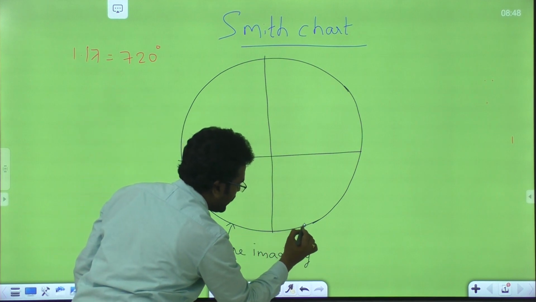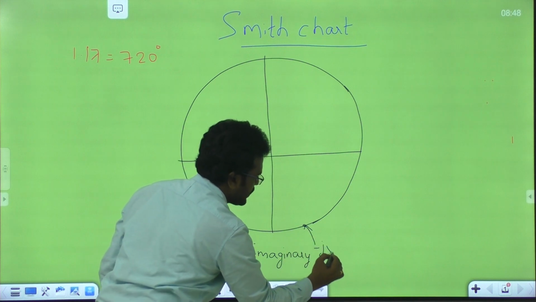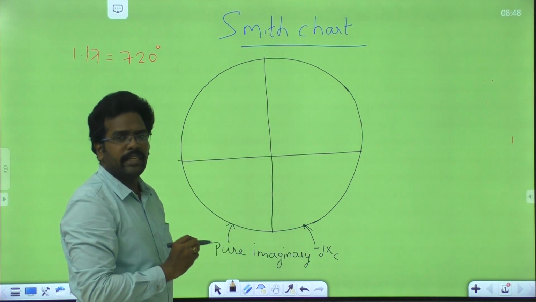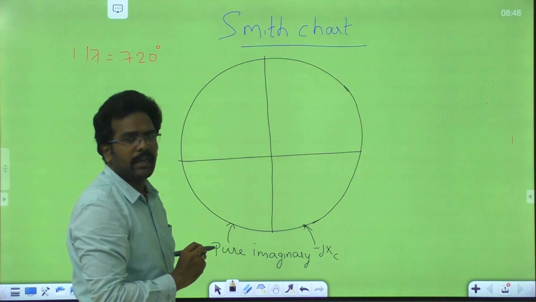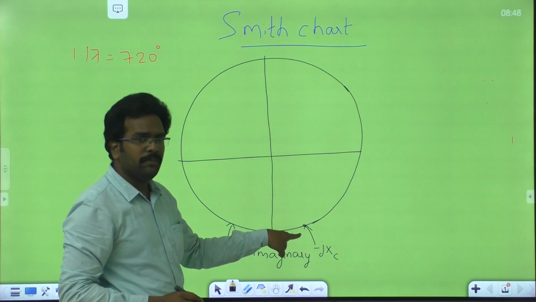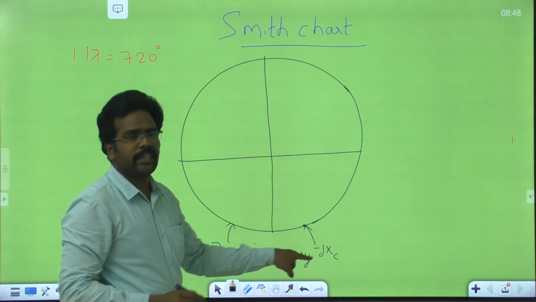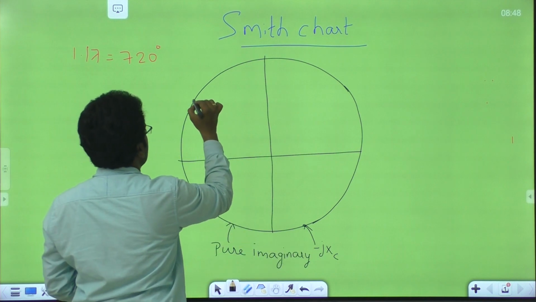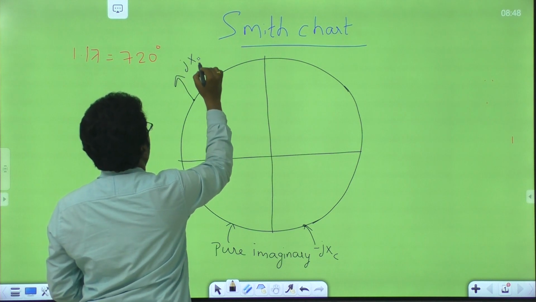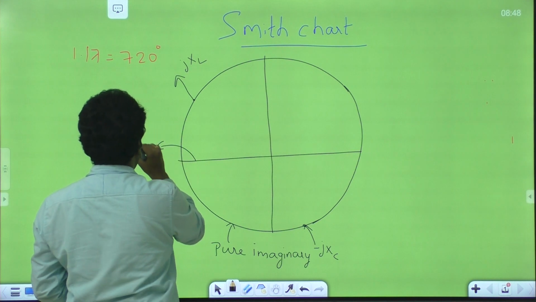A point in the bottom hemisphere would be minus jXc, containing only pure capacitive reactance. If a point is here in the top hemisphere, it contains purely inductive reactance. And this is called the real axis.